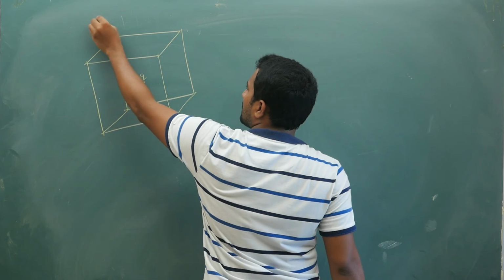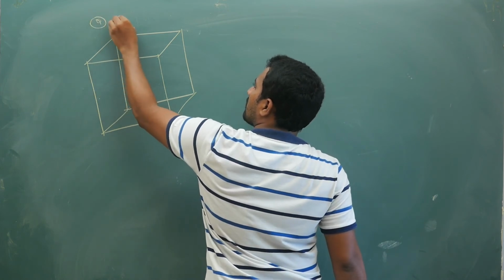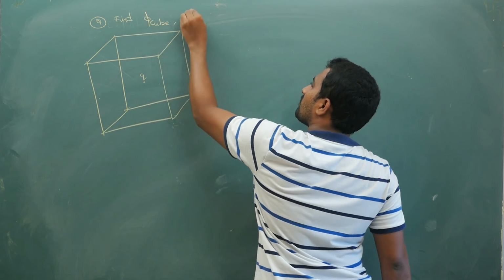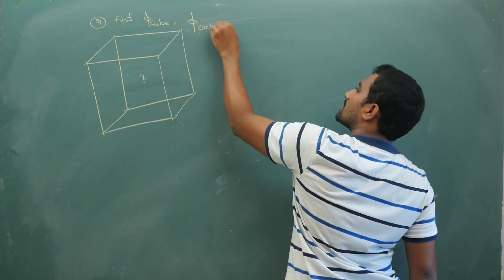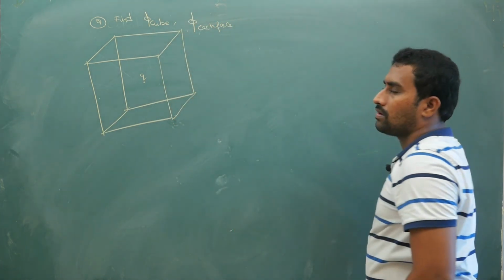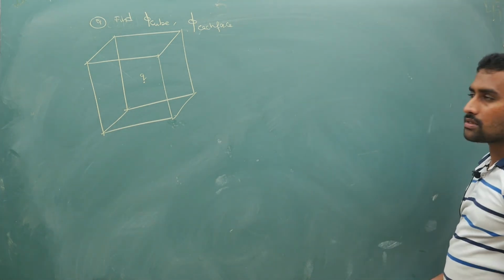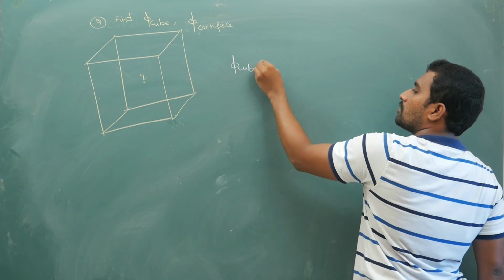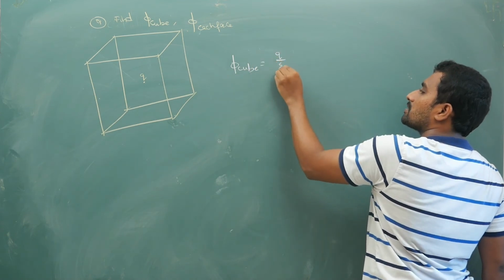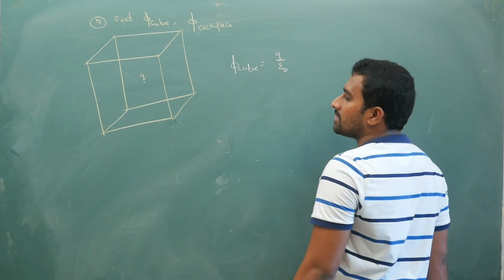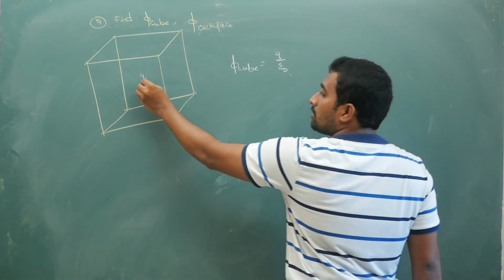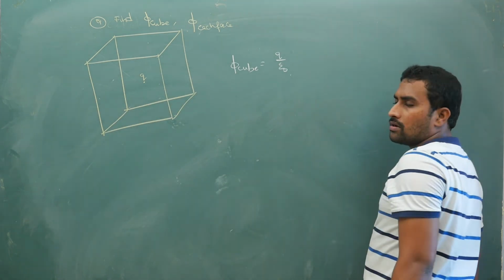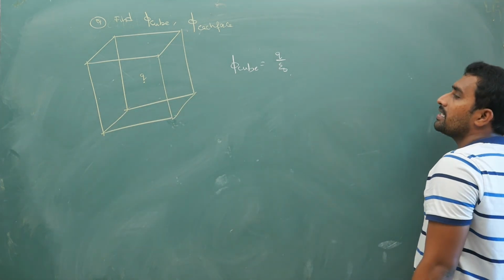The question is, find flux through the cube and flux through each face. In this case, the flux through the cube is going to become q by epsilon naught, because the full cube is enclosing the charge q. It doesn't matter where you place it inside, it is q by epsilon naught only, because the charge is once again inside.